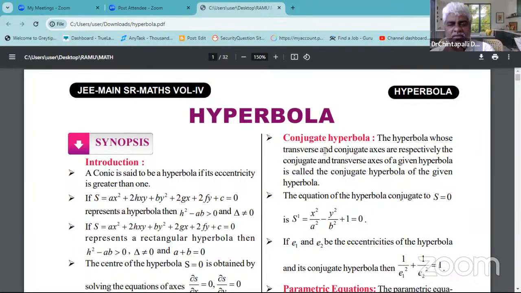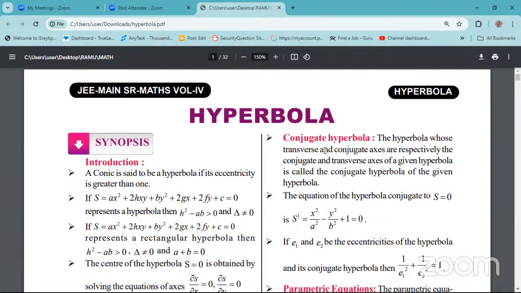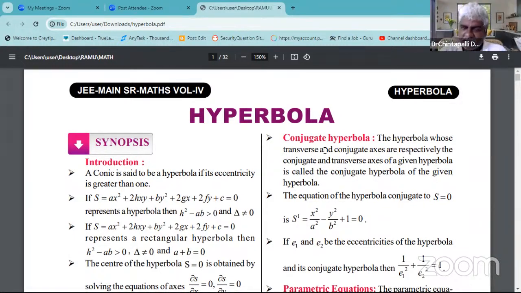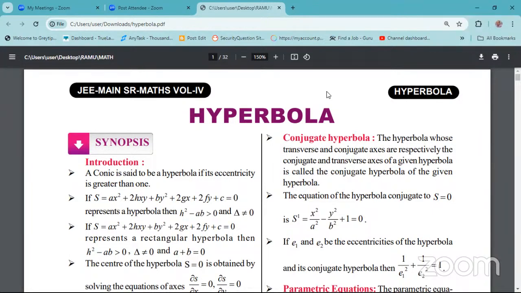Transverse and conjugate axes are reversed. What are the names of those transverse and conjugate axes in ellipse? Major and minor.